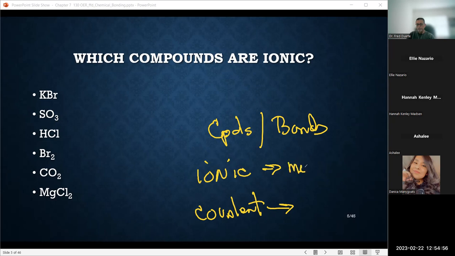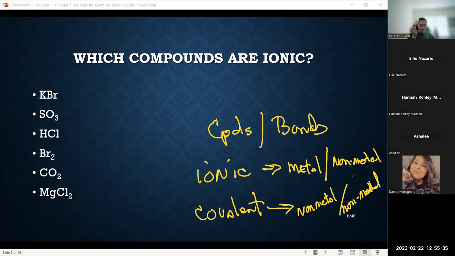Metal and non-metal. Covalent compounds are a combination of a non-metal and a non-metal. So those are the two definitions of an ionic compound and a covalent one, and that's how we determine whether we're looking at an ionic bond or a covalent bond.